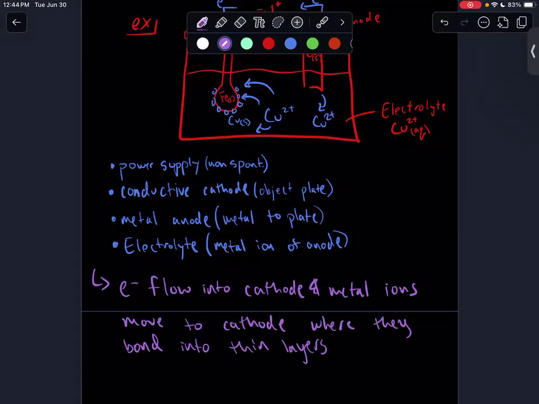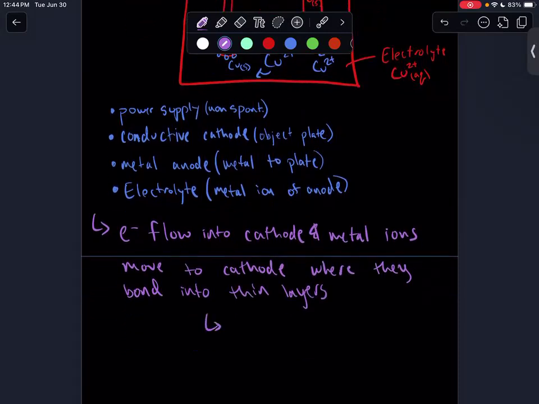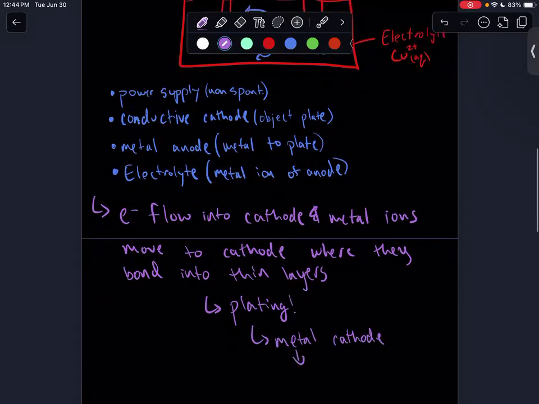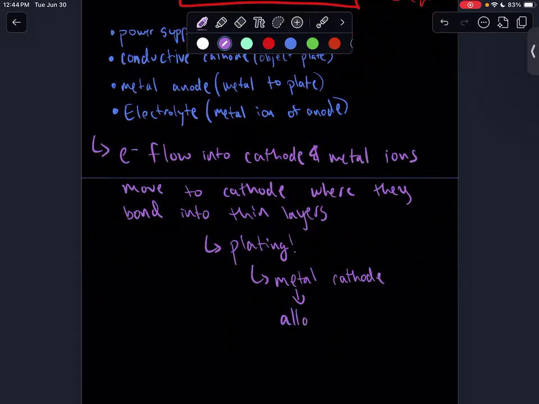This is literally what we call plating. Now, we actually have a different term. You can still use plating, but if you're taking a metal and putting it on a metal, so when we have a metal cathode, we can refer to this as being alloyed. Remember, alloyed is a term we use when we bond metals together.